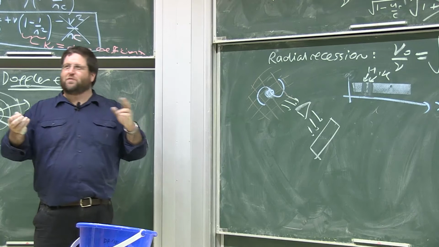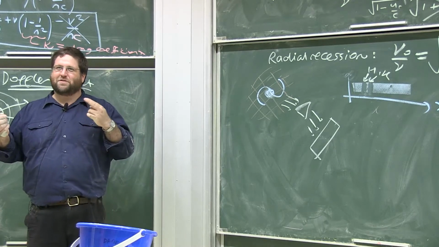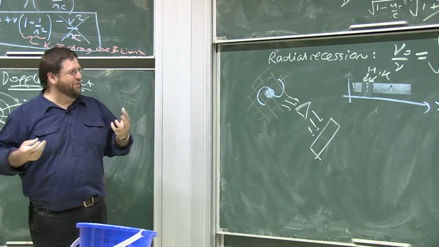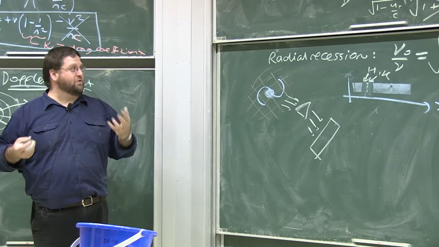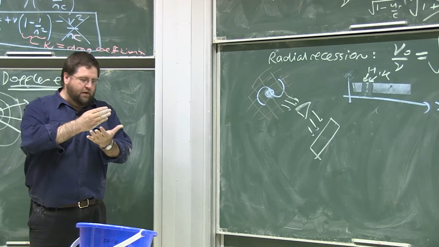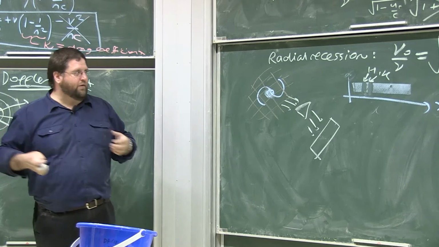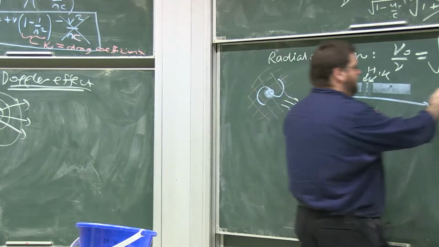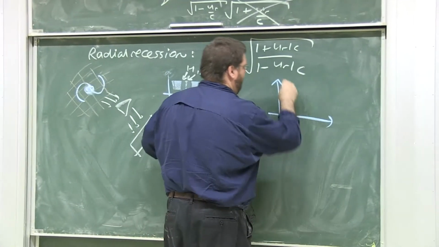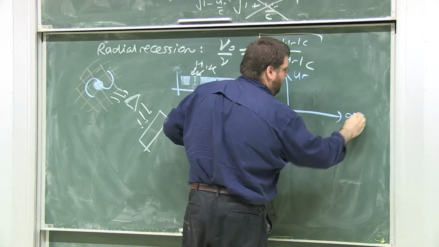In fact, that's not quite true. Hubble's data was so poor that he actually had no right to make that deduction from his data. But subsequent experiments have verified Hubble's law that the recession velocity determined using this argument is indeed proportional to the distance.